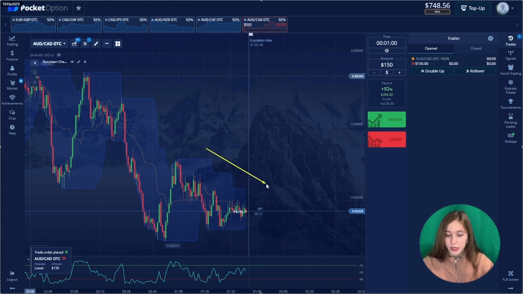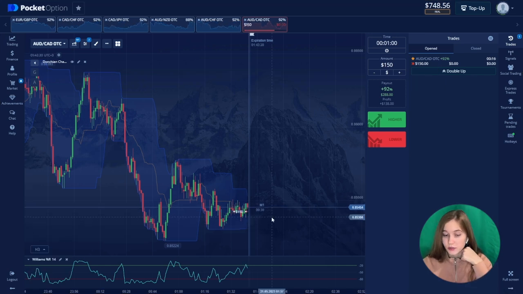So by the second indicator we also see some drawdown at the moment. Let's see for our chart, for our market. 14 seconds left until the end of our deal.